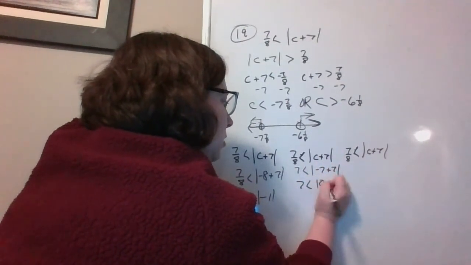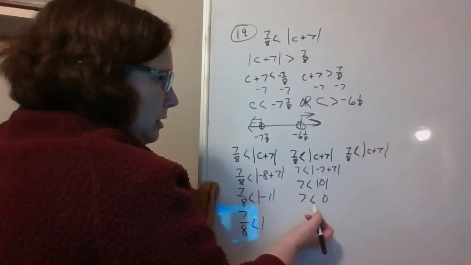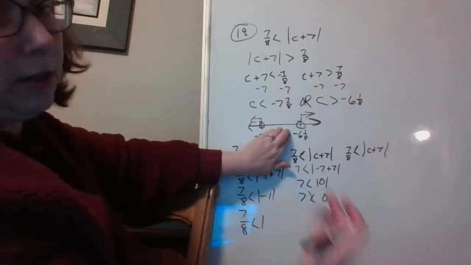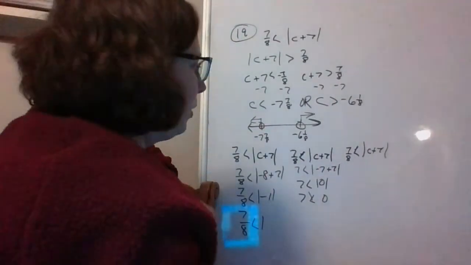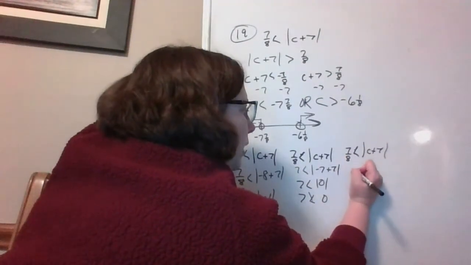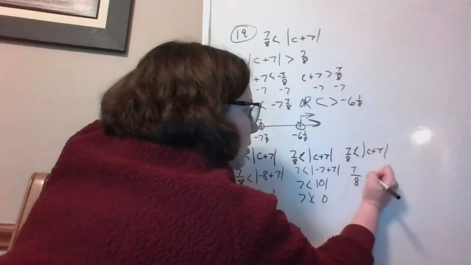We get the absolute value of 0, which is 0. 7/8 is less than 0. That is not true, which is perfect because it's in our land where it should not be true. And then we need something greater than negative 6 and 1/8. So I'm going to use negative 6.